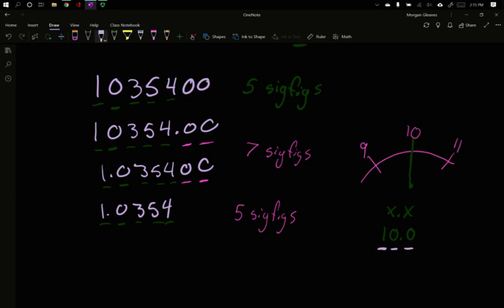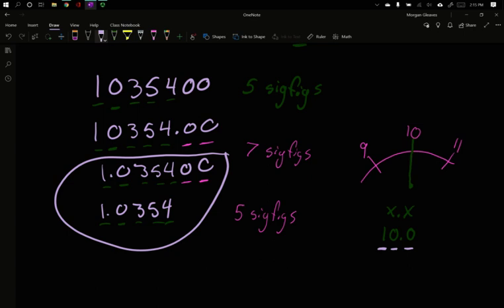So this device is an example of times where sometimes you do just have zeros at the end. When you happen to fall exactly on some value, the next decimal over is 0. You haven't gone any further past that value. And so the difference between our third and fourth value over here tells us how accurate the device was.